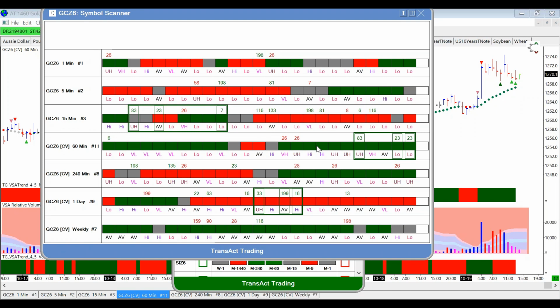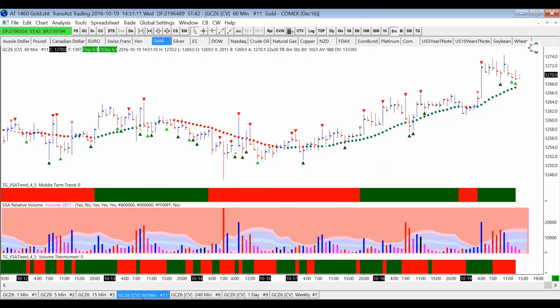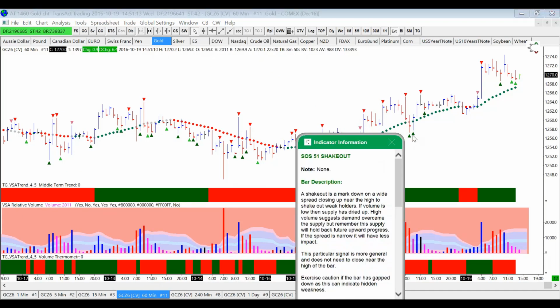Now, in this instance, we know that we've got the end of a rising market, but I also know that I've got a sequence, and the sequence starts with high volume and is completed by low volume at the same level. You can see on the chart, if we look at this 60-minute chart, how that works. Here's the first part of the sequence.